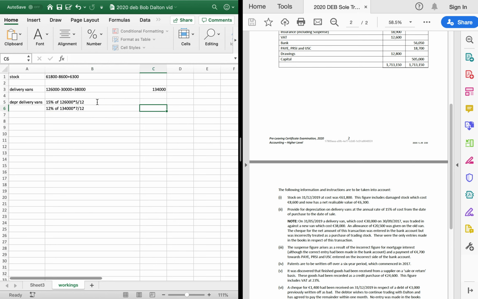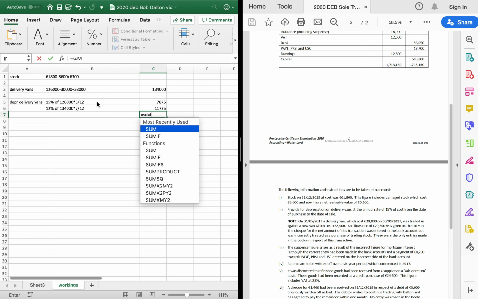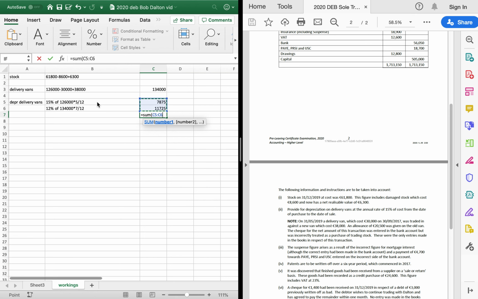Remember, it's always going to add up to 12/12. So if we just add those two together, that'll give you your total depreciation, 19,600.